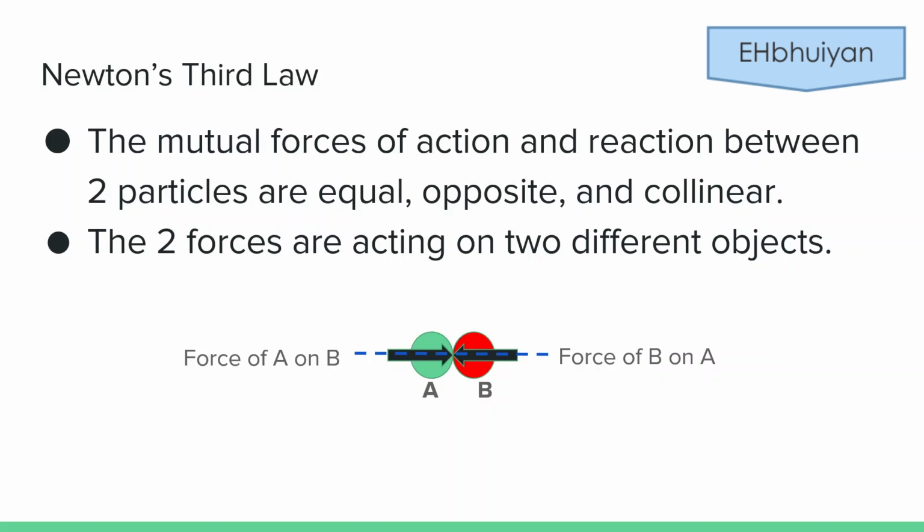And this blue dashed line is representing the line of action. We'll look at all of that when we look into vectors a little bit more.